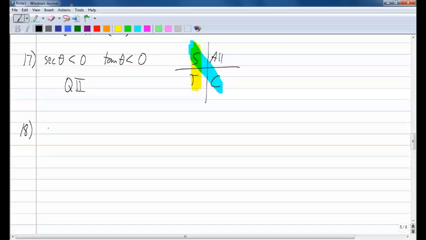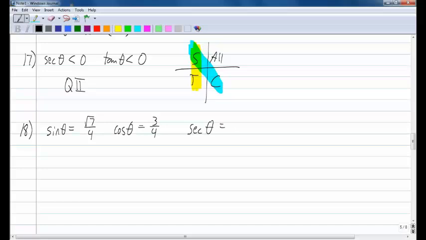Alright, number 18. We're given that the sine of theta equals the square root of 7 over 4. The cosine of theta equals 3 over 4. Find the secant of theta.